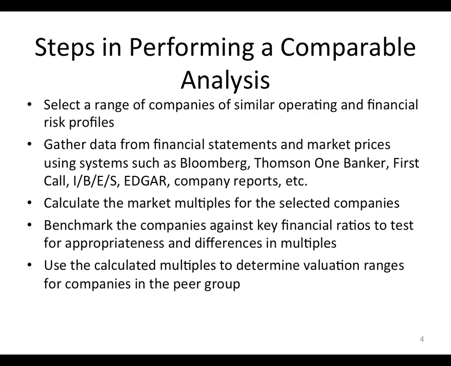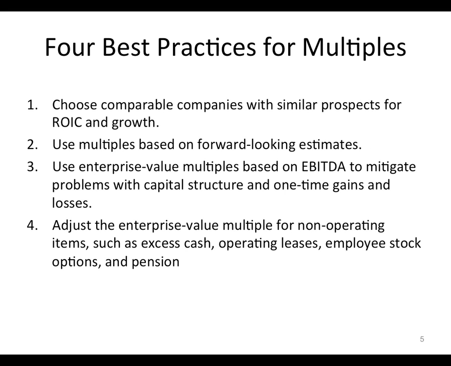Then we got to calculate the forward multiples and then compare them and understand that there are distortions that can be done by the multiples and what are those distortions, so we can get an understanding of why companies are trading at a premium or discount and what range of multiples a company should trade at. So that's the process that we're going to go through. Best practices.